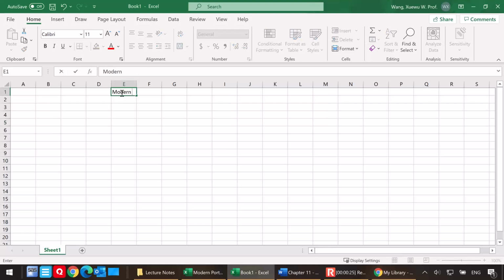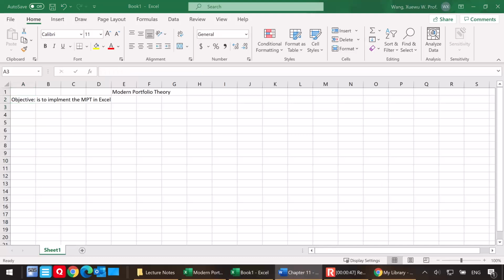So modern portfolio theory, and the objective is to implement the MPT in Excel. If you can actually implement this modern portfolio theory in Excel, then your understanding of the modern portfolio theory is actually very clear.